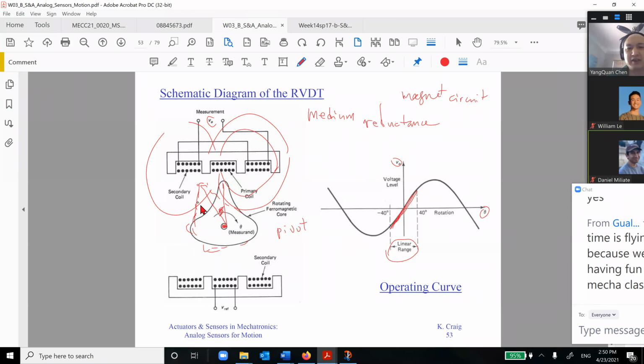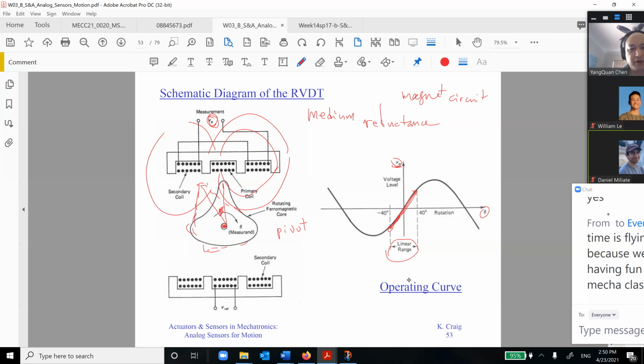This moving element will have a field of view of plus or minus 40 degrees. Beyond that, you don't have that linear relationship anymore. The output V0 is kind of linear in a short range of angle. Linear range plus or minus 40 degrees. Beyond that, it's not.